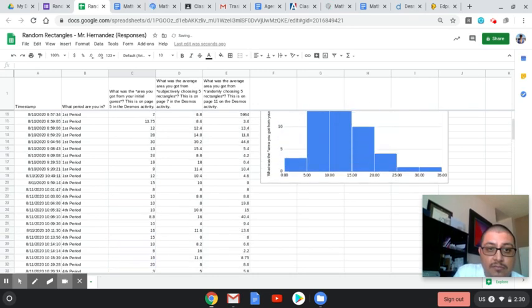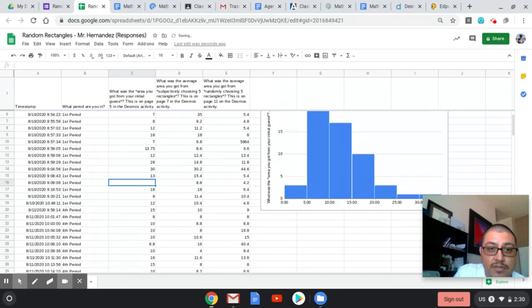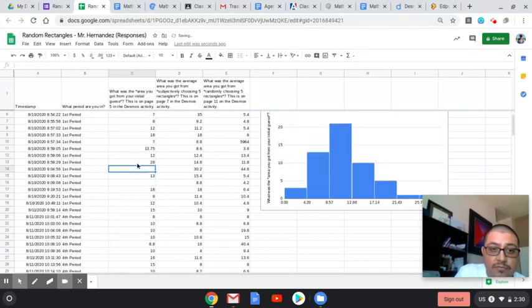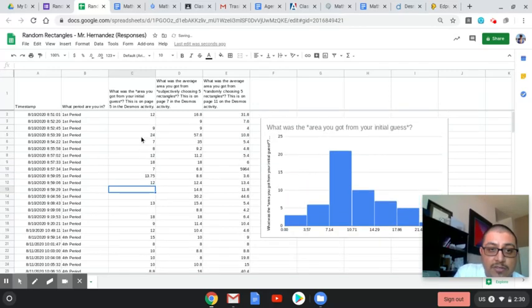And here's 24. So I wouldn't call these outliers, these 24 and things like that, 28, 30. Even though they don't fit the data we have for the area, I still wouldn't consider them outliers because they're so close to the rest of the numbers.